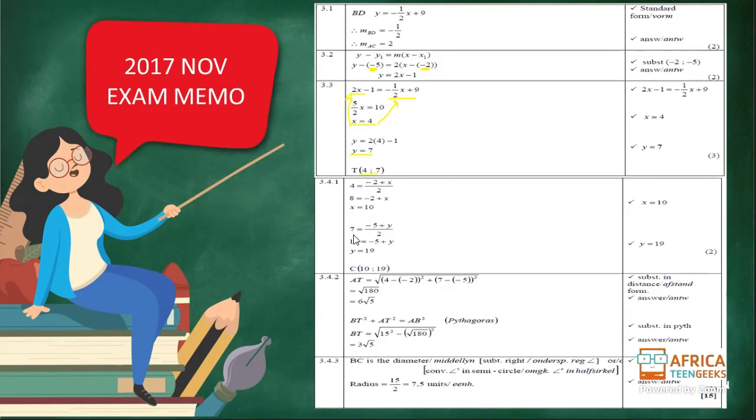And then, like we said, for 3.4.1, which is using our midpoint formula, you get your value of x and y. And then for 3.4.2, we use our distance formula and our theorem of Pythagoras.